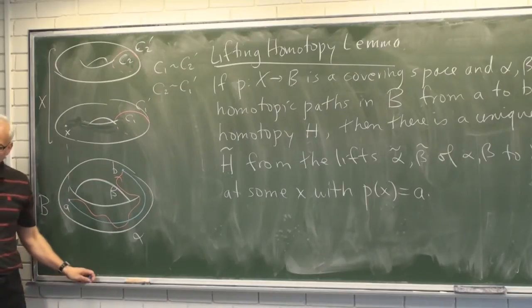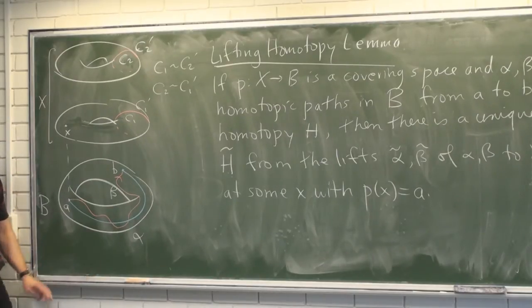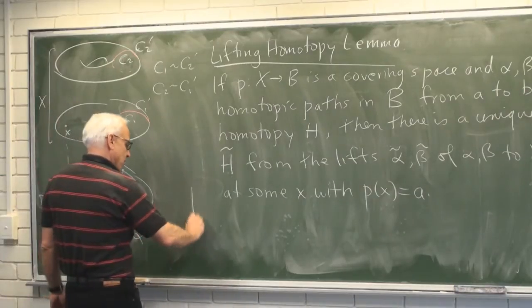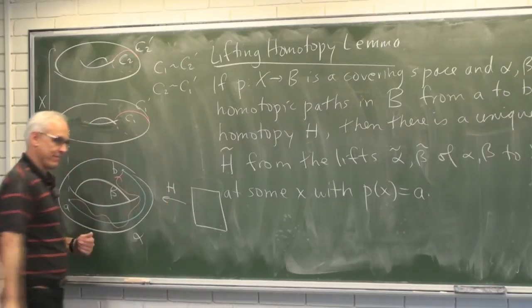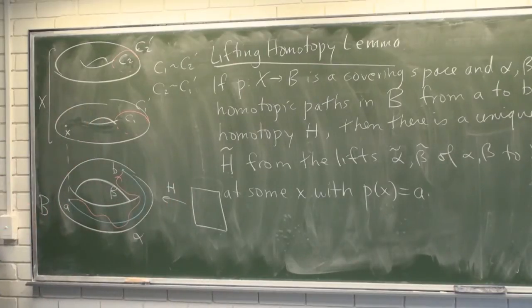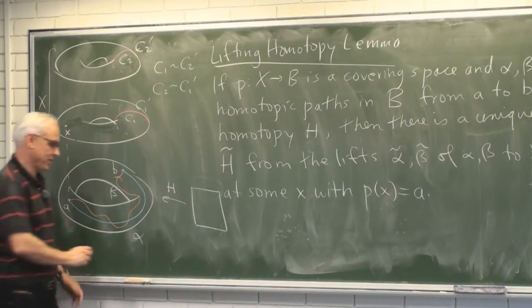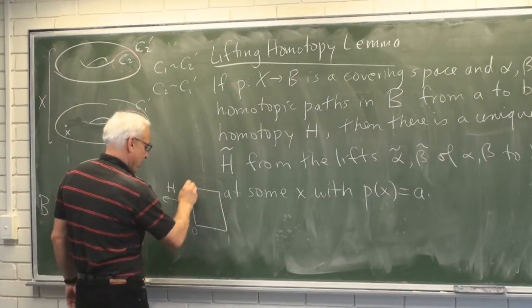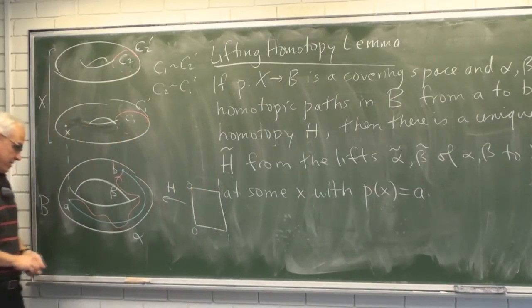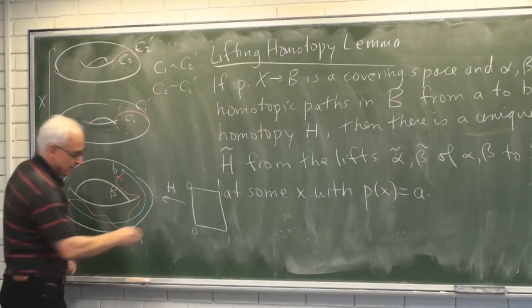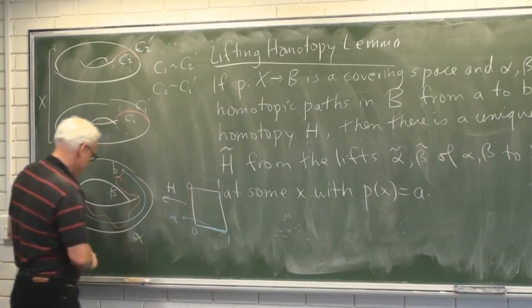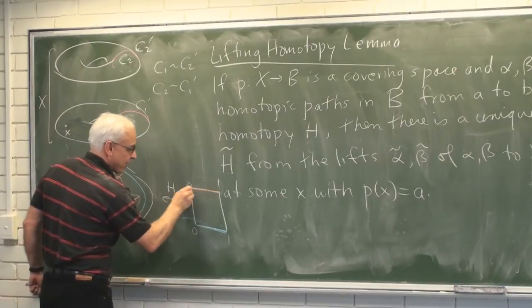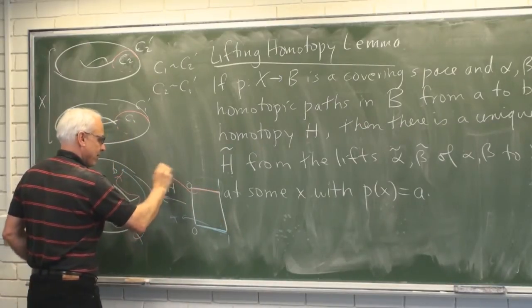And let me remind you what homotopic means. Homotopic means that there's a homotopy. And the homotopy is a map from a square, from [0,1] times [0,1], so that the base goes to alpha and the top goes to beta.